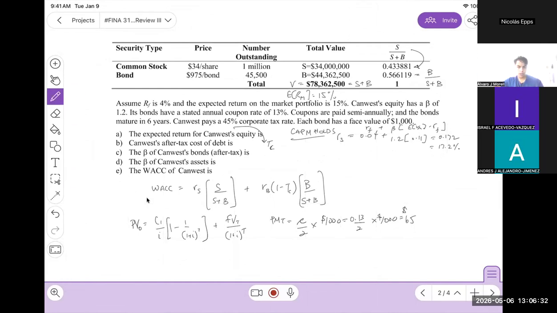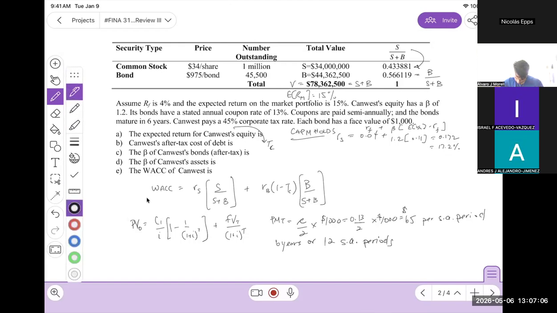Are you guys going to agree? So that's $65 per semi-annual period. How many semi-annual periods are there? Six years or 12 semi-annual periods.